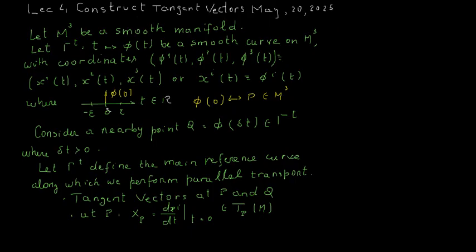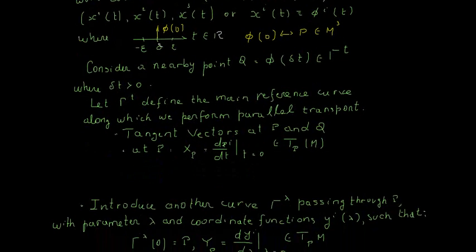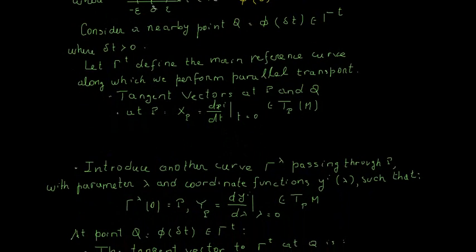Now, let's define the curve gamma t, in this case the main reference curve along which we perform parallel transport. That parallel transport will be the subject of the next lecture. So this is just tangent vectors, the tangent vector at P and Q.